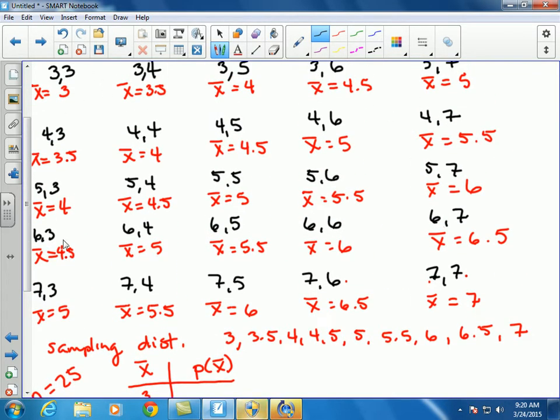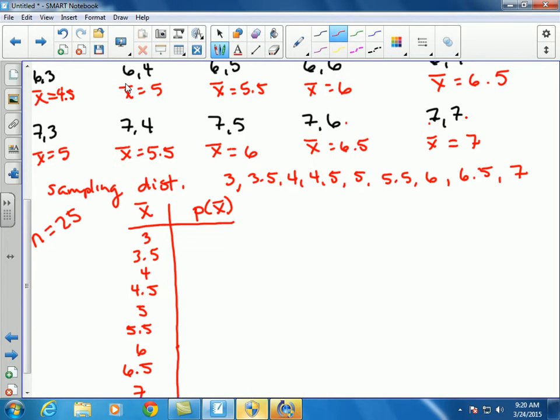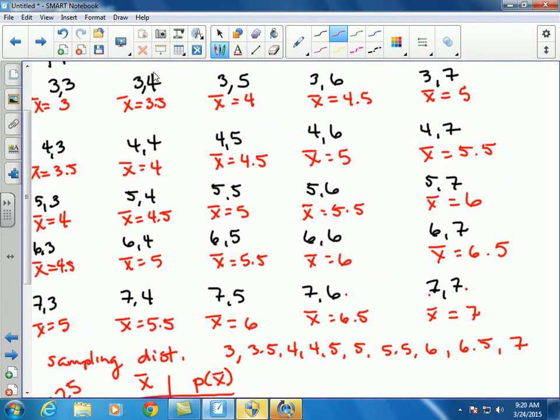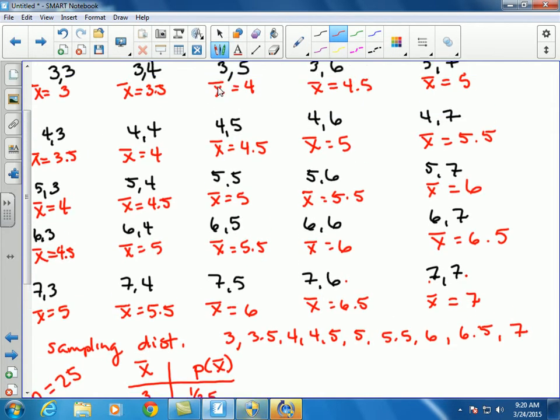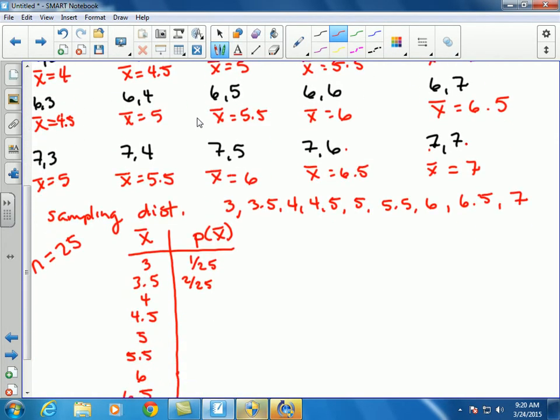So look at all these red numbers. How many times do you see a 3 come around? Well, 1 time, right? So the probability of that x bar is 1 out of 25. Now, how many times do you see a 3.5 come around? Well, 2 times. How many times do you see a 4 happen, right? So a 4 happens 3 times.